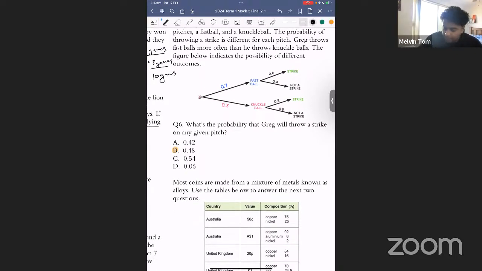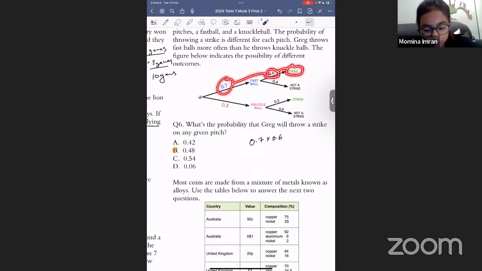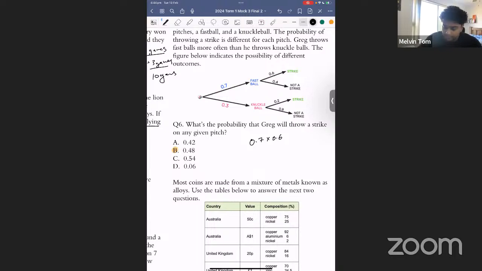So that means that you have to find the probability of getting a strike. The probability of getting a strike on a fastball is 0.7 multiplied by 0.6. Why is that? Because it must be a fastball and a strike. Remember 2 weeks ago, I told you guys, whenever you see the word and, you multiply, correct? So 0.7 and 0.6.